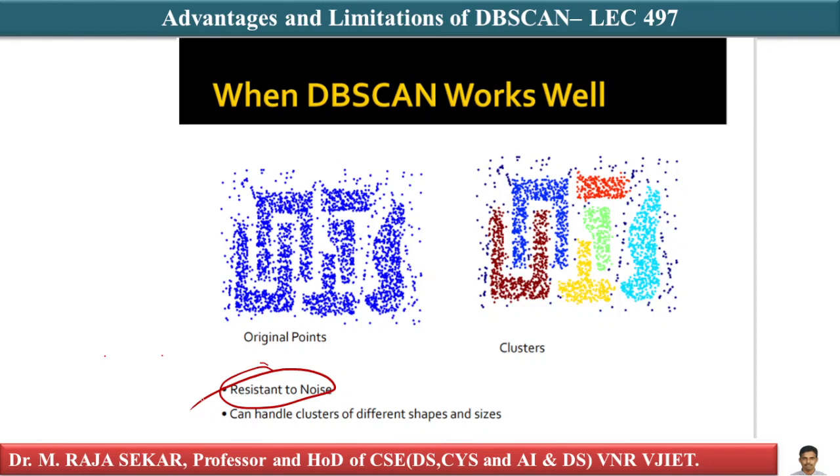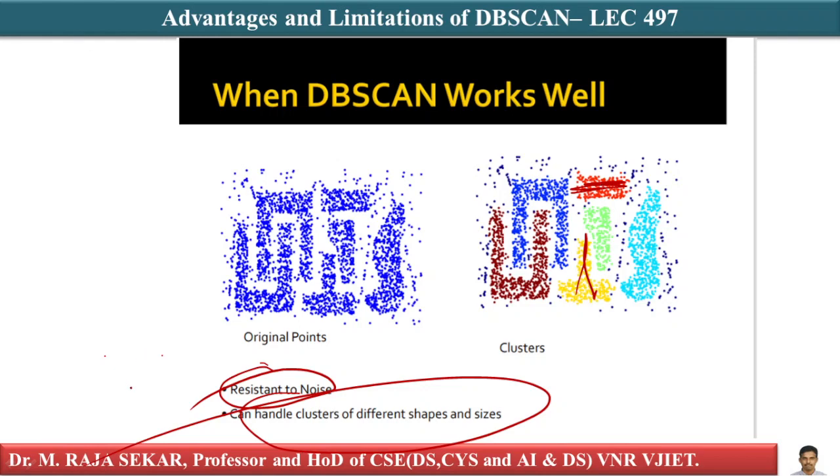This is one of its biggest advantages, and it can handle clusters of different sizes and shapes. This shape is completely different from this shape, isn't it? You can handle them very, very well.